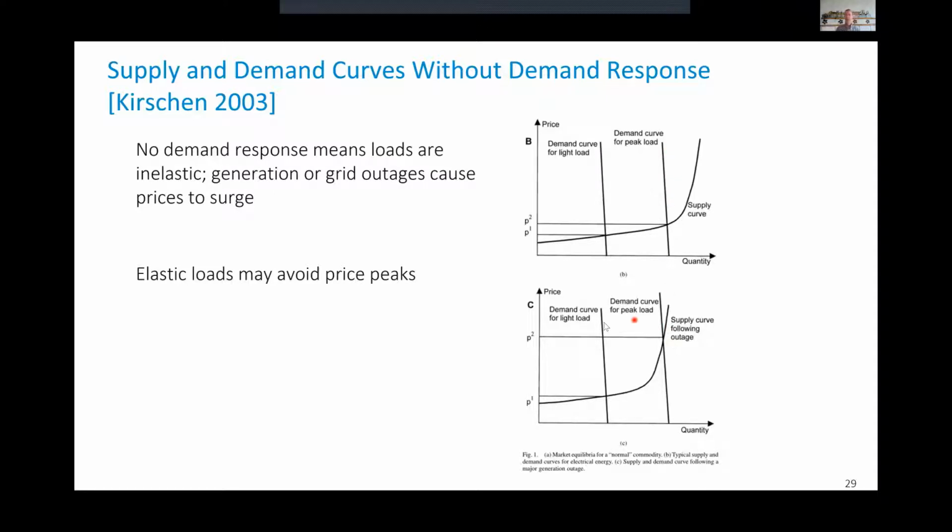But here, this is showing what happens if there is an outage. So like in one of the curves we've seen an hour ago, a 1 gigawatt generator has an outage, then the curve will shift to the left here, the supply curve. We've lost one big part, so we shift to the left. So we have that curve here.